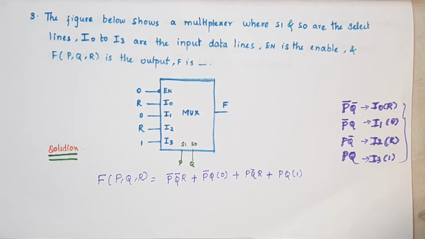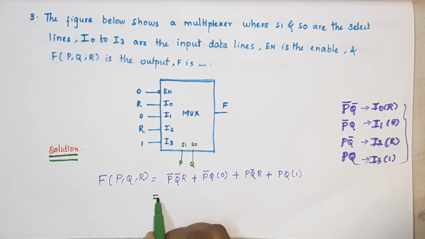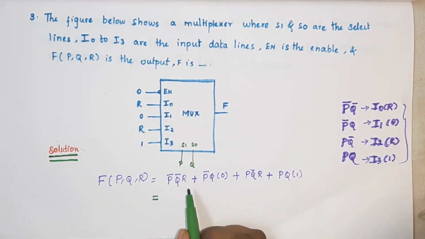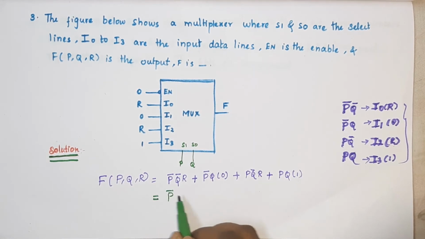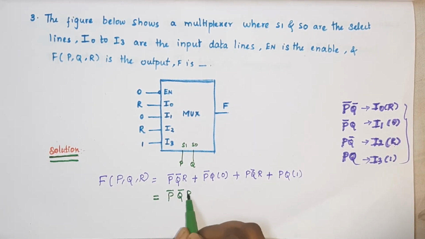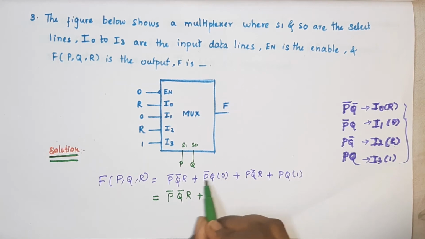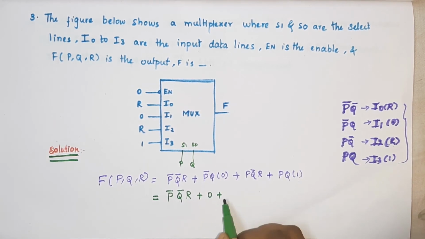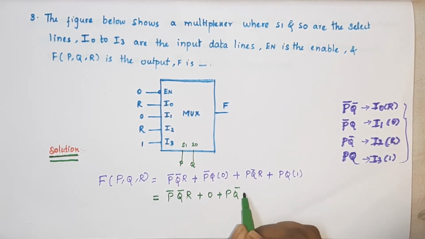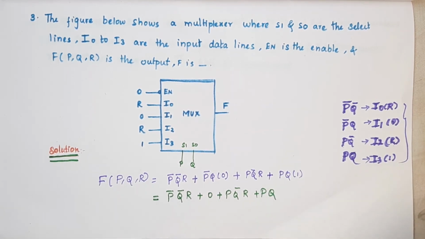Next, I'm going to simplify this one. Here P bar Q bar R plus 0, so it is 0, plus P Q bar R plus PQ. So here Q bar R is a common term taken outside.